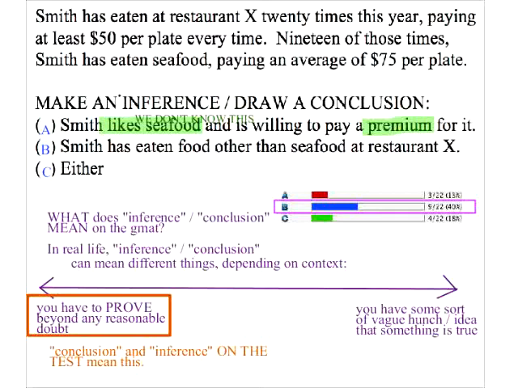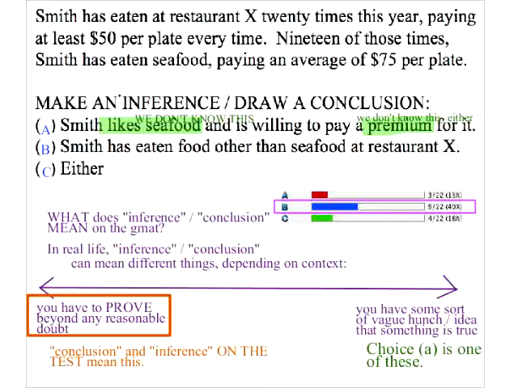Seafood is 75, but that still allows cases where other food costs even more. So we don't know this either. So choice A is this kind of thing on the right of our spectrum, where it's just a vague hunch. Choice A is one of these.